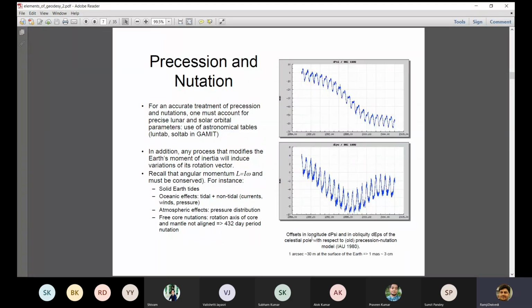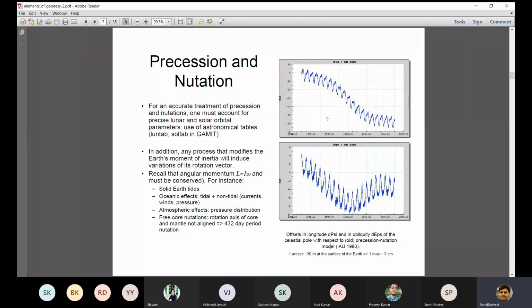So this shows the offset in longitude, dPsi, and in obliquity, dEpsilon, of the celestial pole with respect to the old precession-nutation model, which was developed by the International Astronomical Union in 1980.